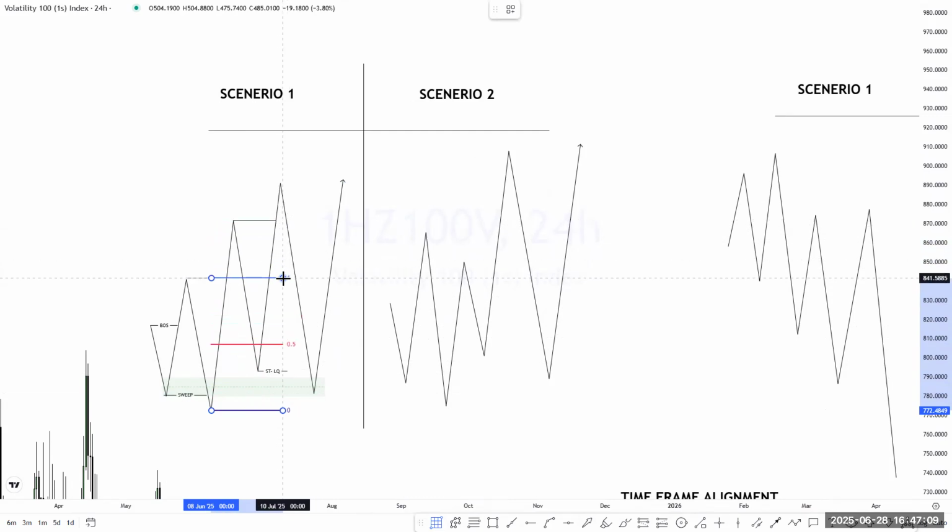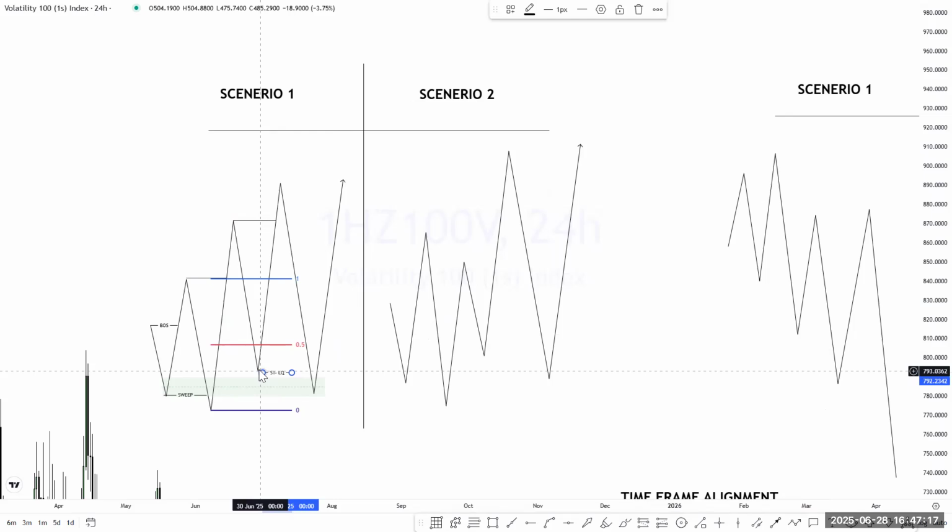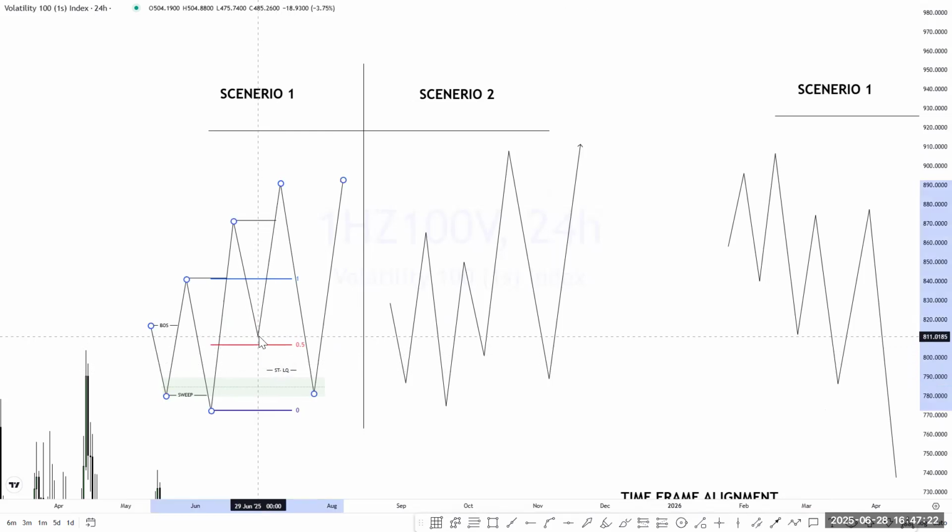So where price breaks structure, the break, before price creates the inducement, you make sure that your structural liquidity is inside the 50%. If your structural liquidity is here, it means it's not valid for you to take.